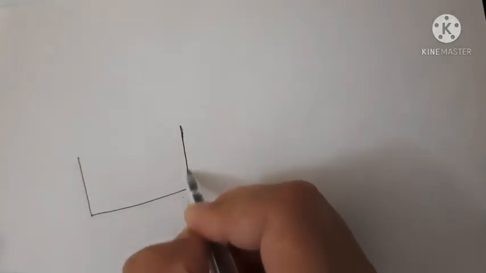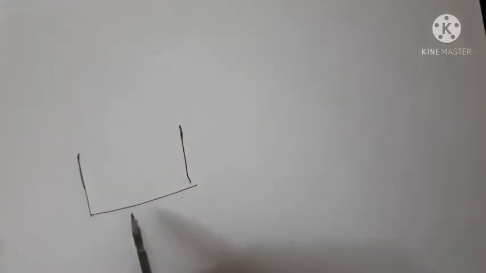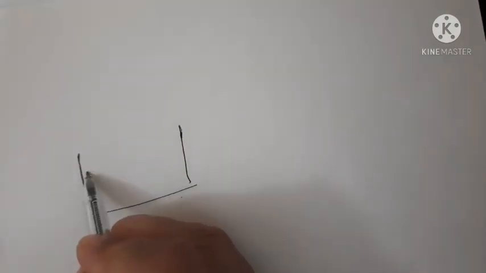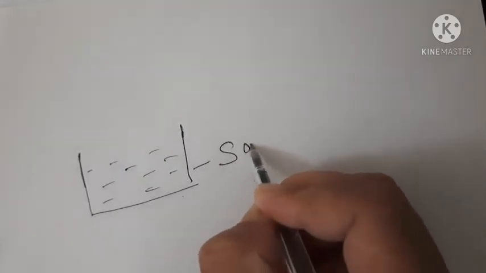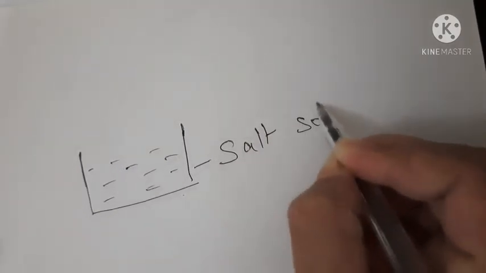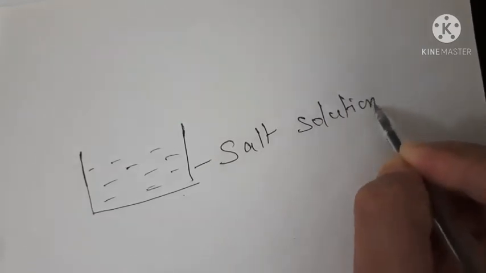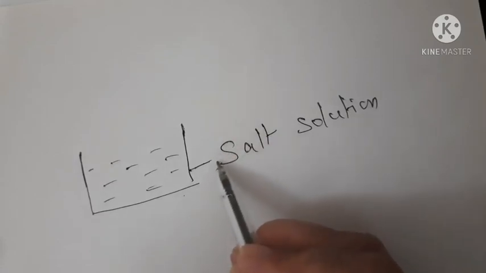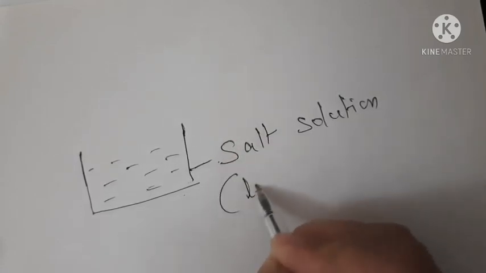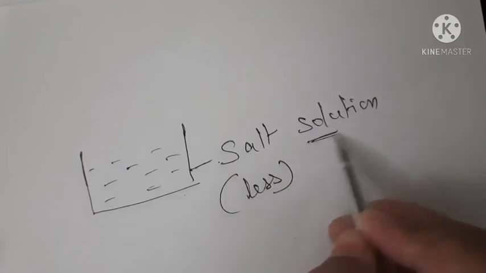Now suppose this is a vessel and here this is salt solution. Understood? Now in this salt solution, the amount of salt is less and water is more.